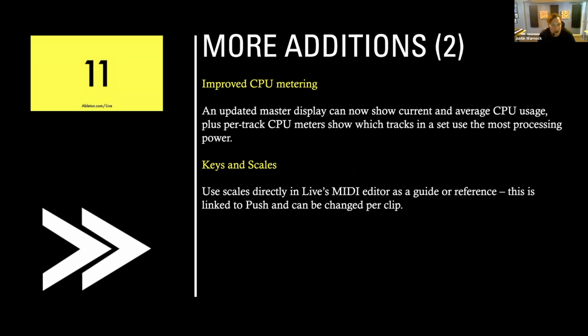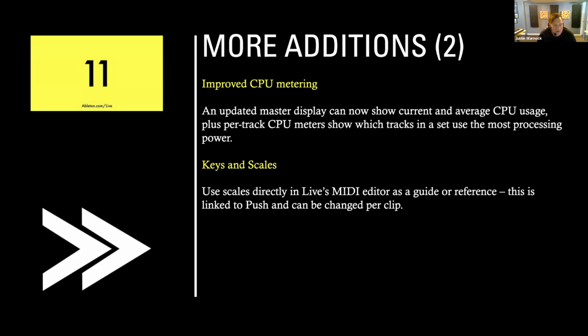This is super cool. An updated master display can now show you current and average CPU usage, plus per-track CPU meters show you which tracks in a set use the most processing power. And this is pretty amazing. If you guys are familiar with freezing and flattening, when your computer is starting to max out on CPU usage, Live's ability to freeze and flatten can obviously help save a great deal of that CPU power.